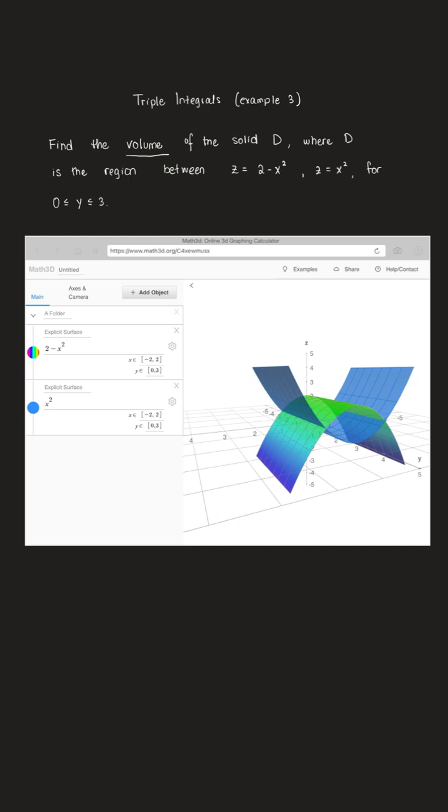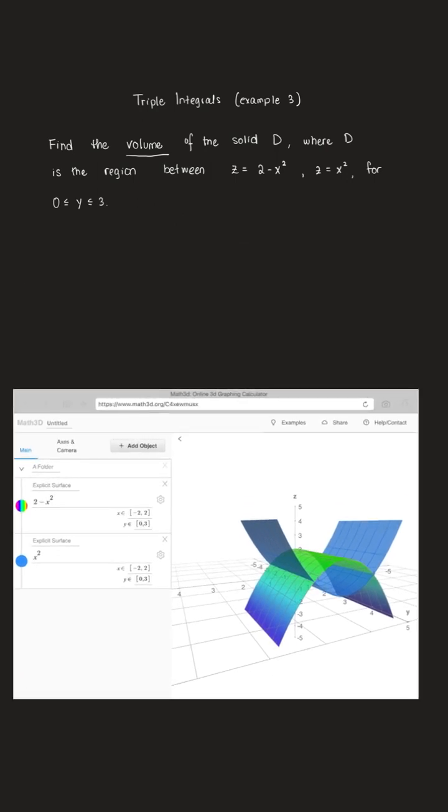Now, first and foremost, volume. If we're using triple integrals to find the volume, then we need to let f of x, y, z be equal to 1. So we're going to set up an integral over our region D, but since we're trying to find volume, we're really integrating 1 dV.